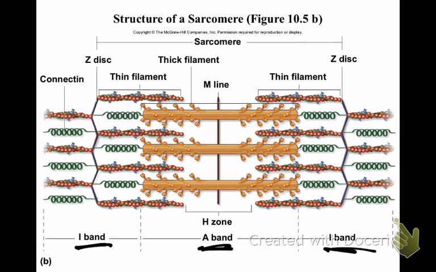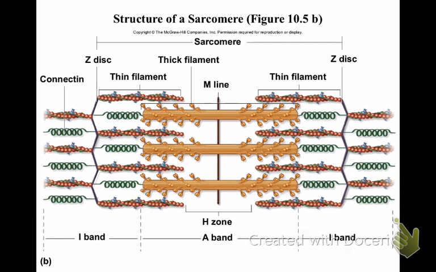You have the little dashed lines here showing you where the boundary of the A and the I are. What's in the A that defines it? The thick filament. So does everybody see that the A band is as wide as the thick filaments are long? So the thick filaments are what define the A band.